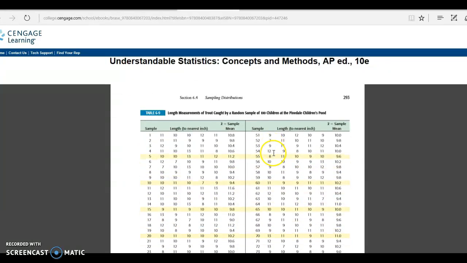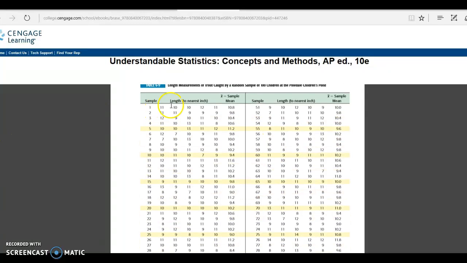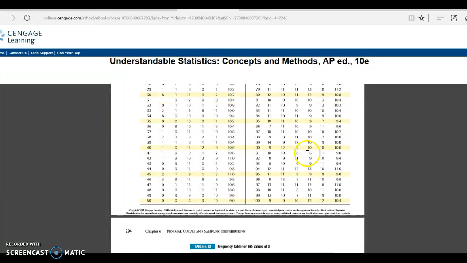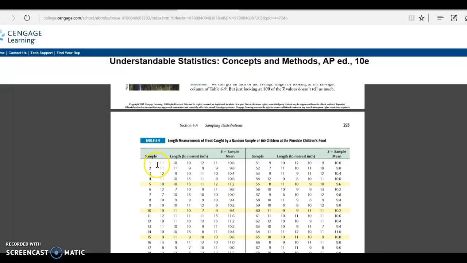So they got 100 different students here, and they've caught 5 trout, and then she finds the mean length of those 5 trout, and then you get this over here as a sampling distribution.